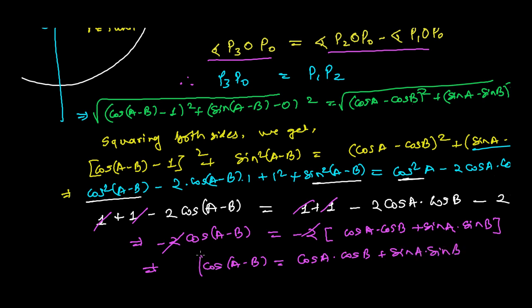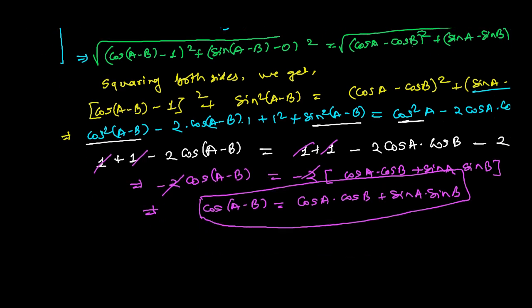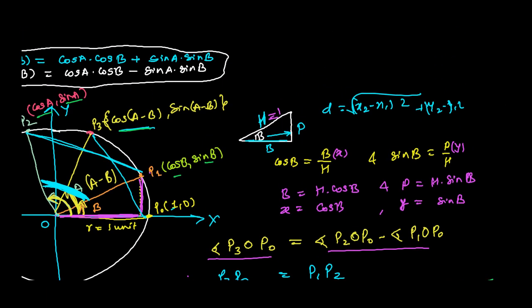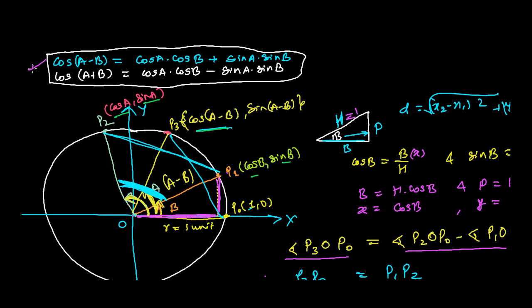This is our required identity, the formula that we were about to find out, and this is how we find it.